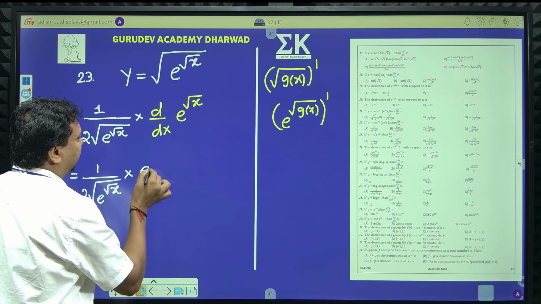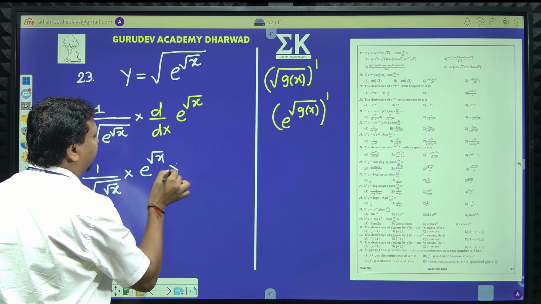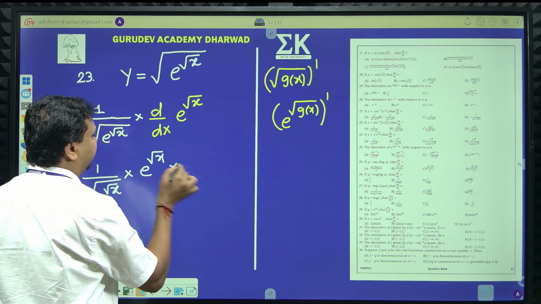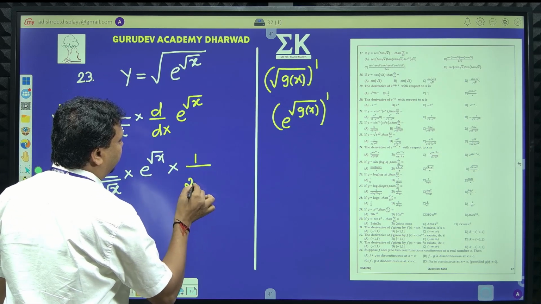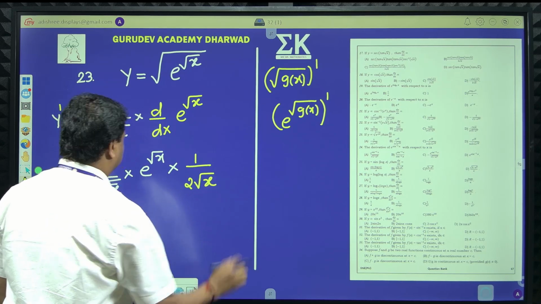What does it become? e to the power root x into differentiation of root x, and differentiation of root x becomes 1 divided by 2 root x.